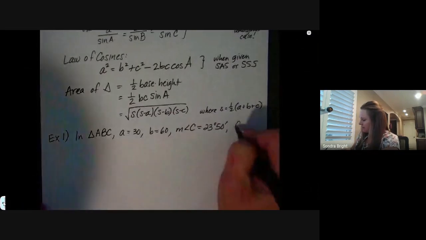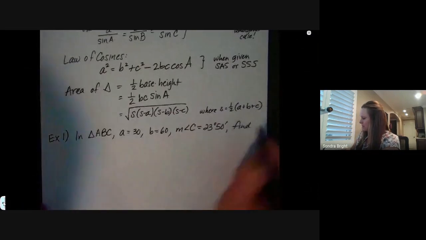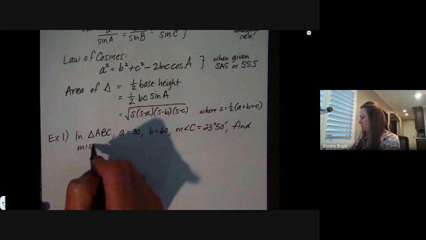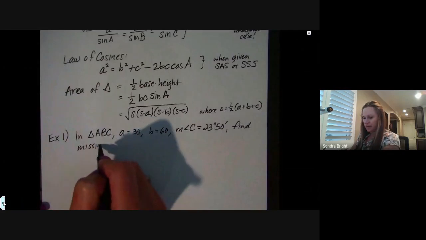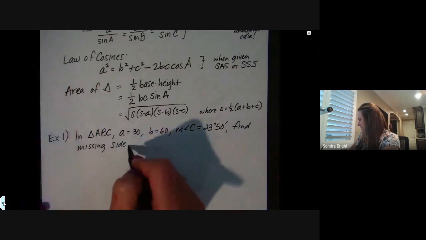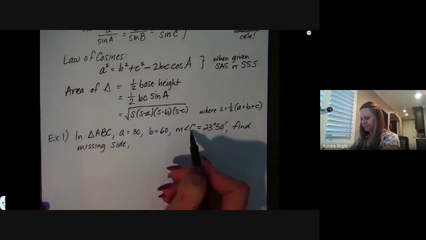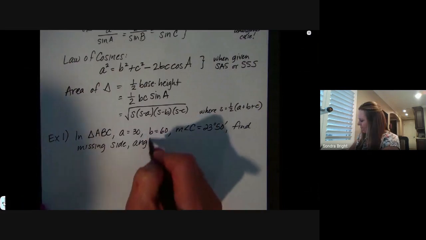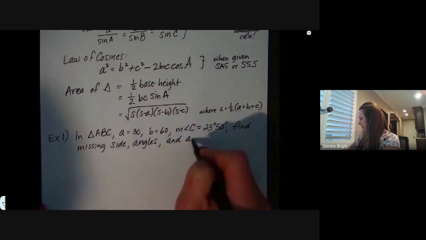They gave me 2 sides, so there's one more side I need to find. They only gave me one angle, so we're going to find the missing angles. And we're also going to find the area of the triangle. So we have lots to find this time.